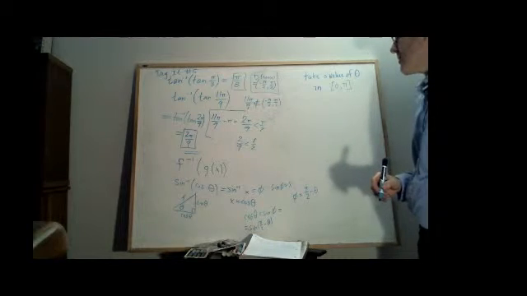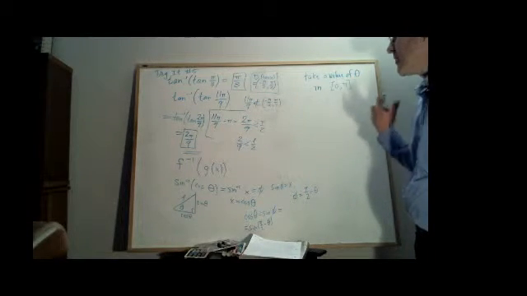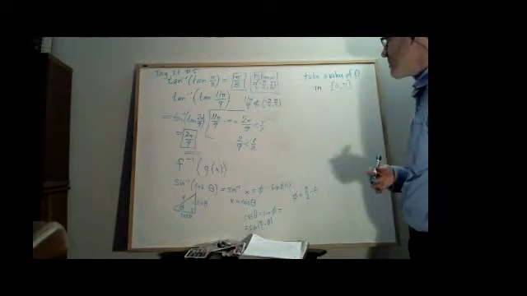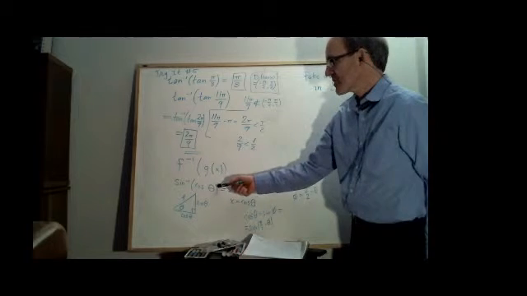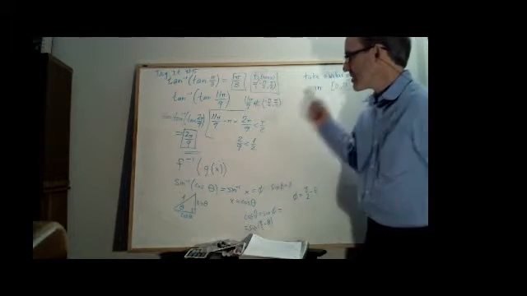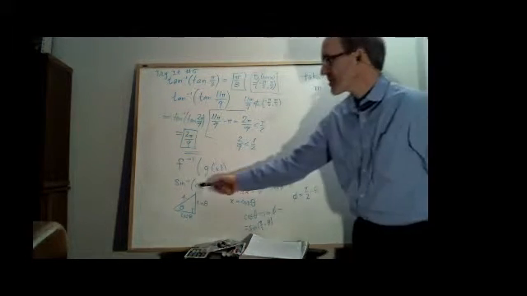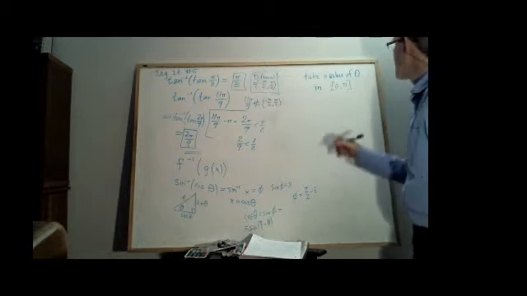All right? Now, if I have another value not in that domain, then I just choose an equivalent value which is in that range, and it will still give me the same value for cosine.